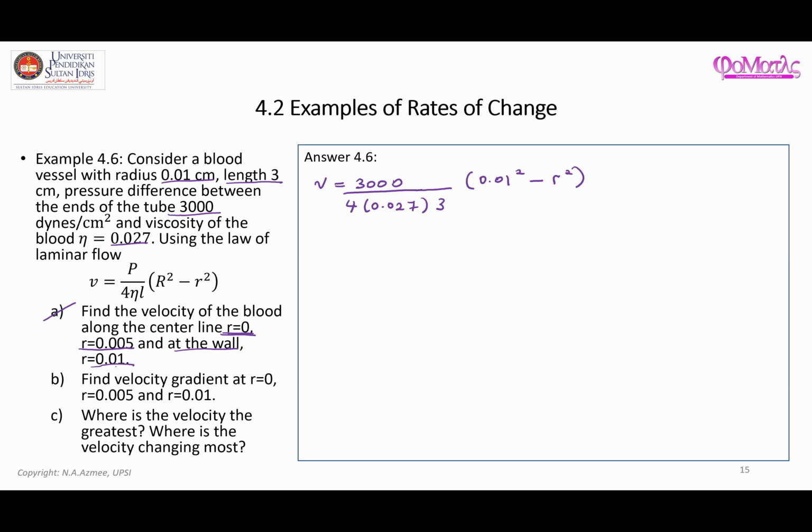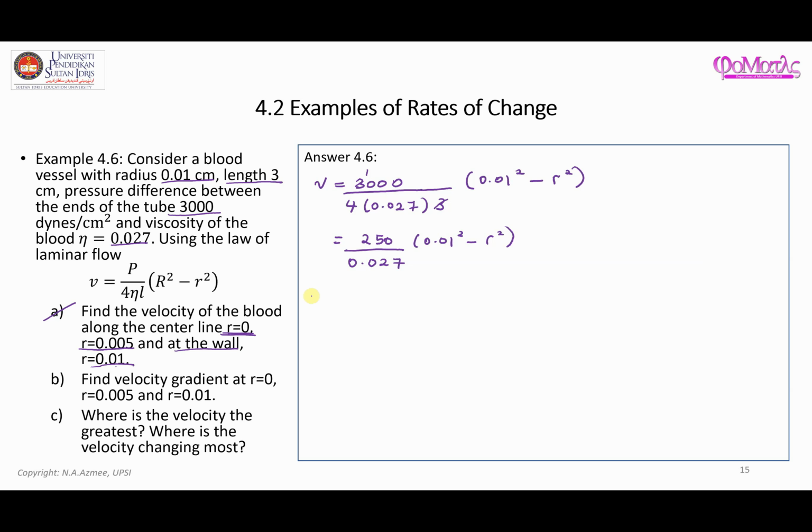Now this can be simplified. This can be cancelled, 1000 over 4 is 250, so that can be simplified as 250 over 0.027, times 0.01 squared minus r squared.